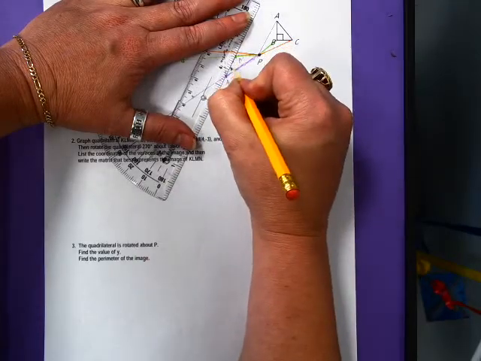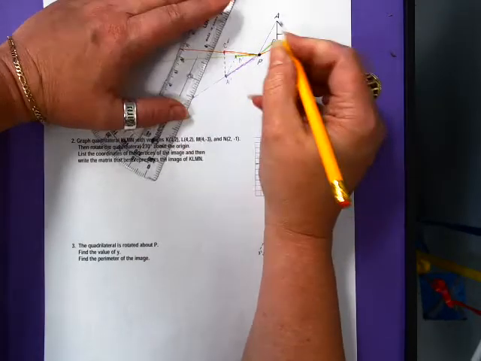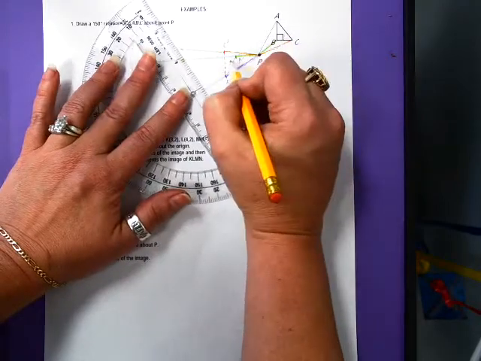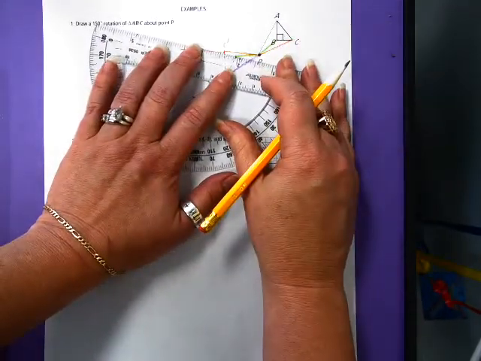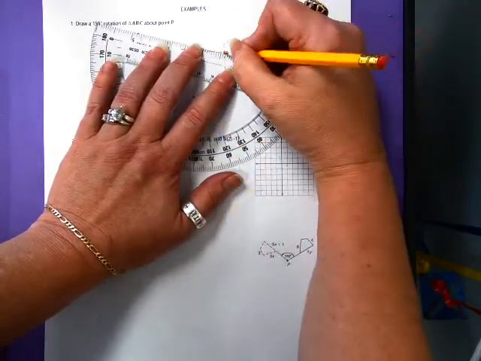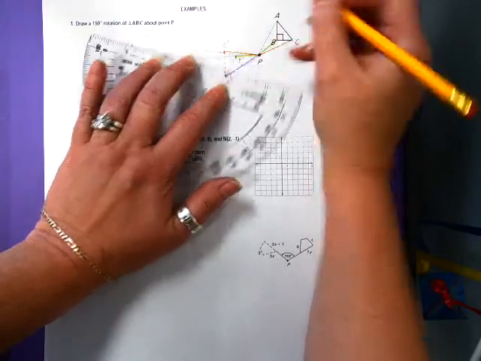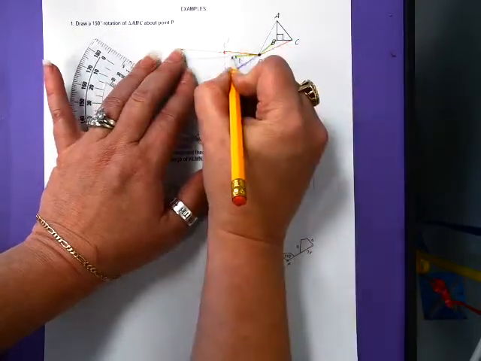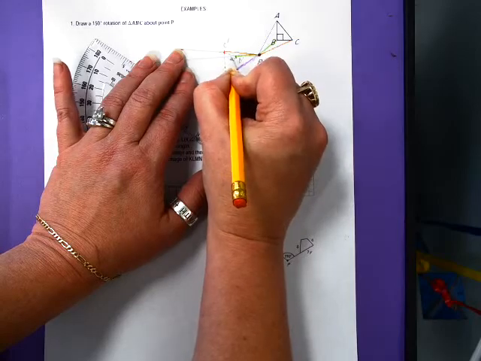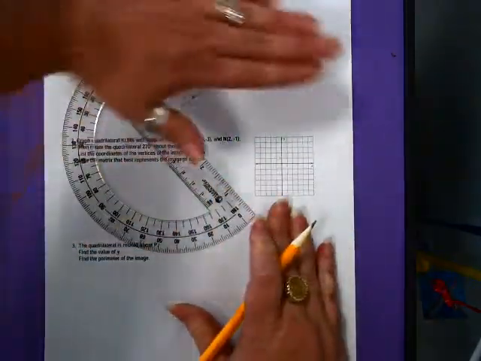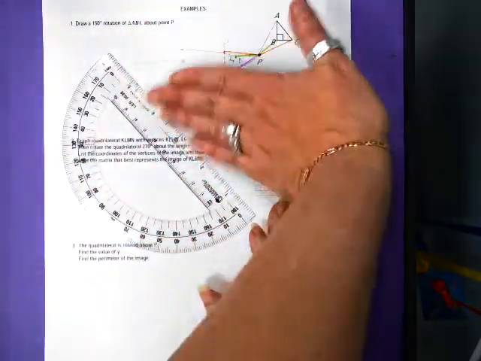I'm going to make it dotted to show you that this is the pre-image, there's the image. Here's the right angle, so we're going to mark this one with a right angle also. And so here it has turned 150 degrees.